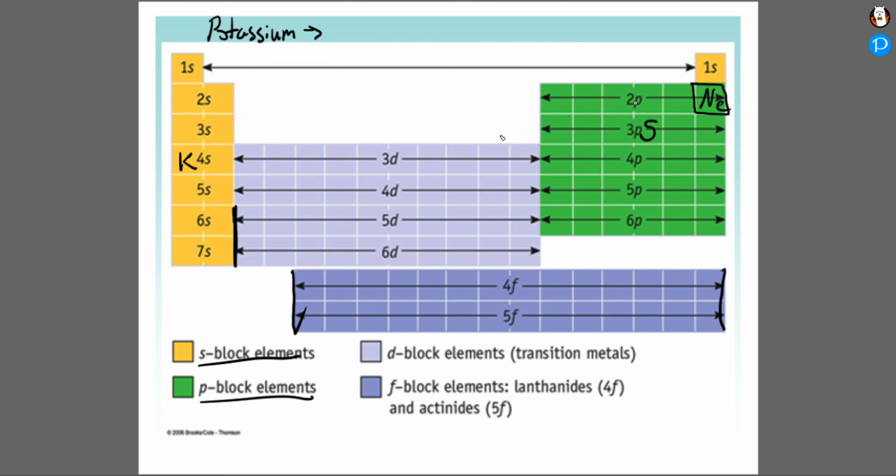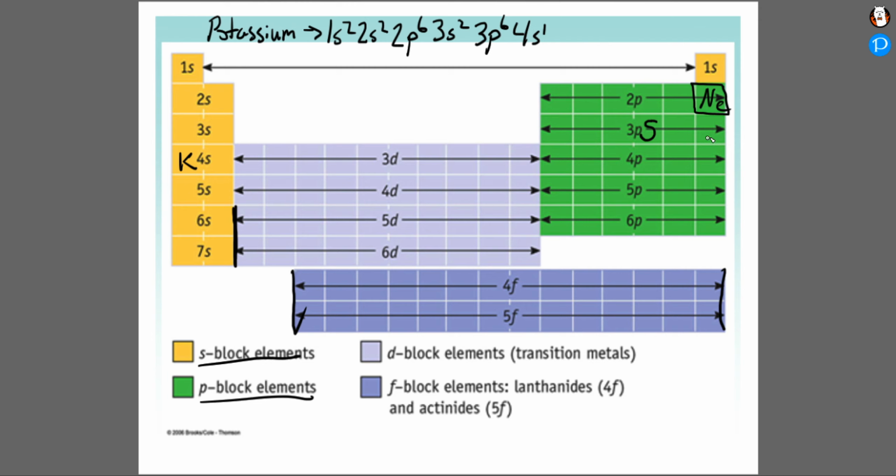If we were to write the full electron configuration, it would look like this. 1s2, 2s2, 2p6, 3s2, 3p6, and then 4s, and it would be 1 because it's the first one right there, so 4s1. There's the full electron configuration for potassium.